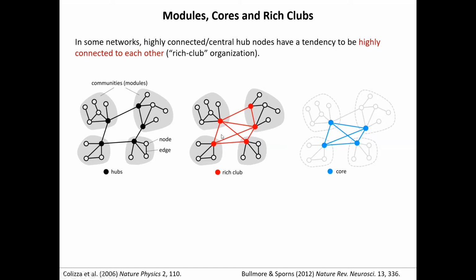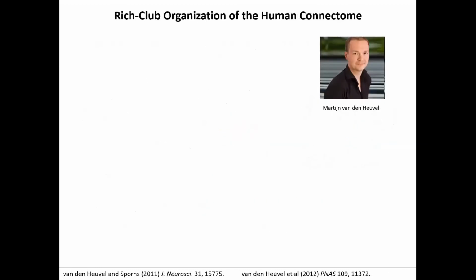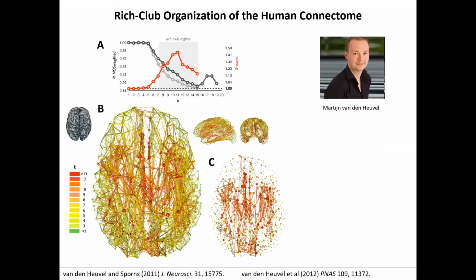And that arrangement, I think it makes sense even just visually, seems ideally suited for integrating information in a network such as the brain. And that's where I started out together with Martin Mannenheuvel to look at rich club organization in the human brain. We found it on our first try.